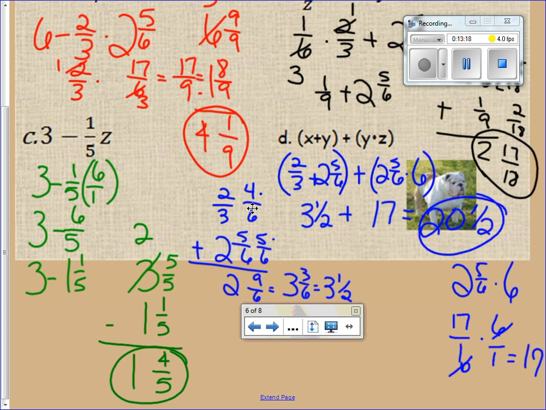So as we look back at D, we substituted each number for the variable. We solved each parentheses, brought the answer down for each, then added the two together.